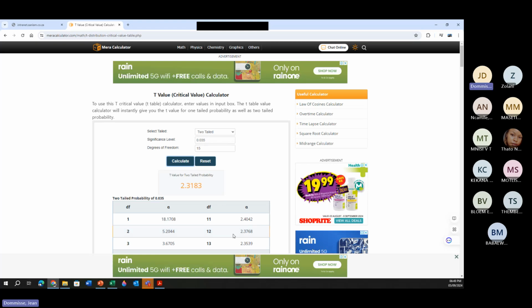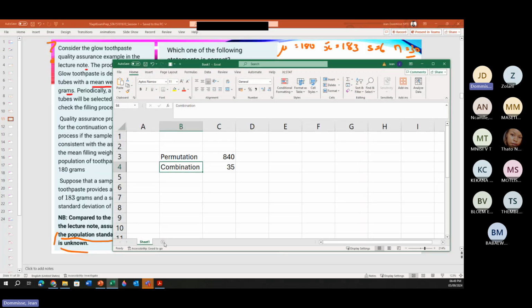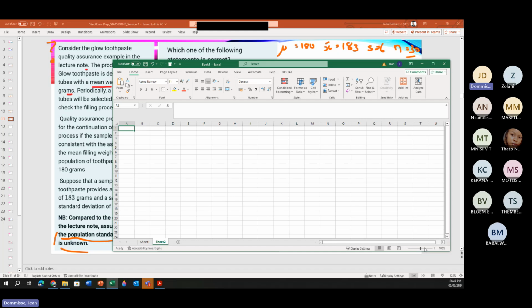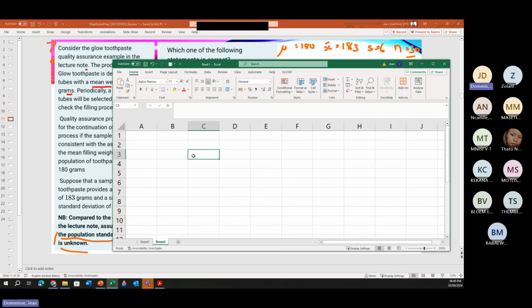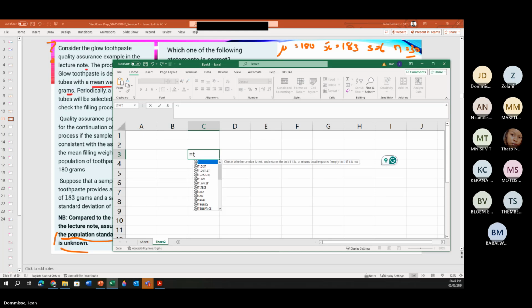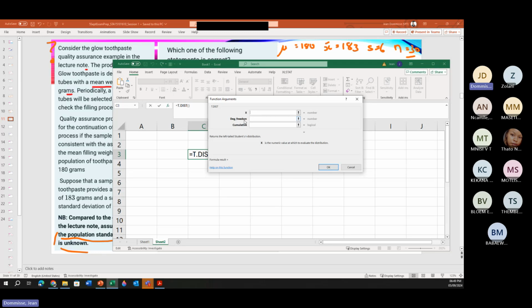This is not going to help. We need it the other way around. So let's quickly check in Excel. What is the formula in Excel? I want to quickly see T distribution. Let's quickly check.